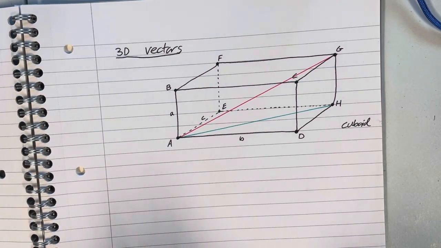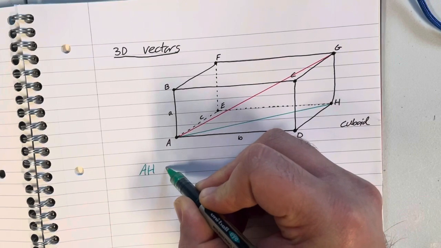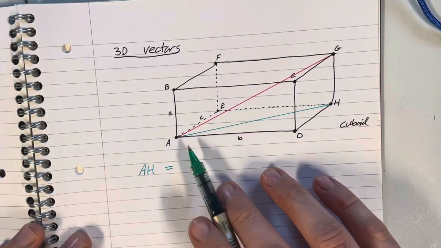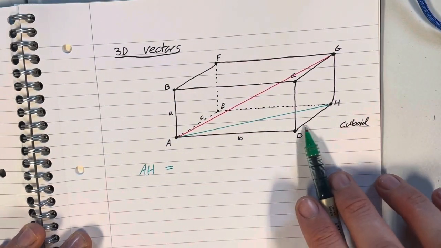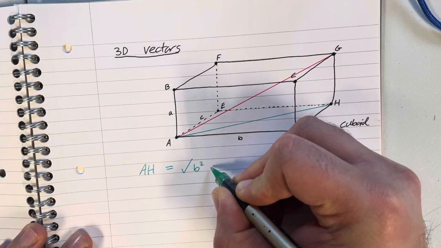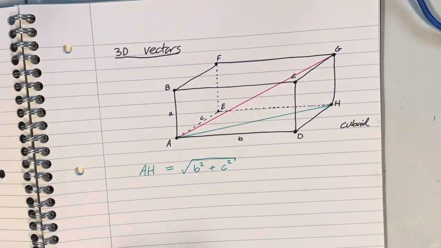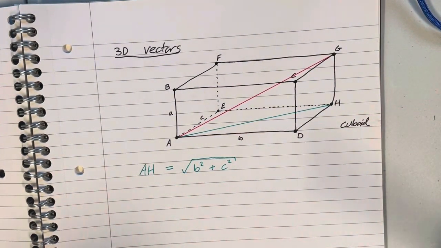And we can say by Pythagoras that the length AH must equal B squared plus C squared, square rooted. So it's the square root of B squared plus C squared. That's just Pythagoras in 2 dimensions.